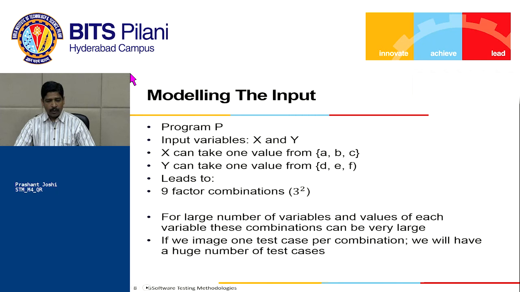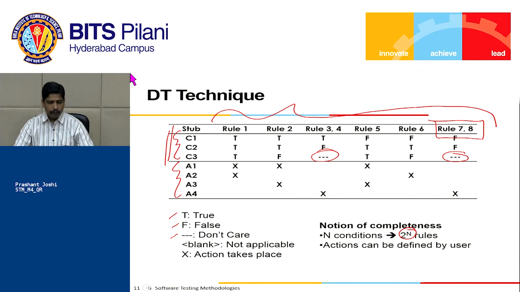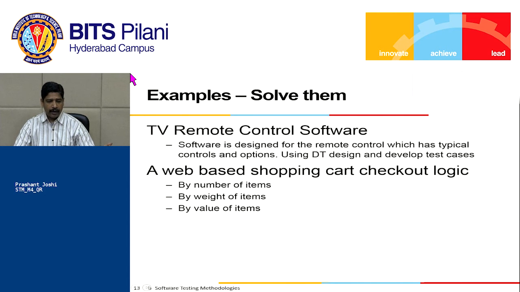Thus, with this, module 4 would allow you to solve certain problems, day-to-day products that we use. We've got a TV remote, a web-based shopping cart logic, where you're shopping by value or shopping by weight.